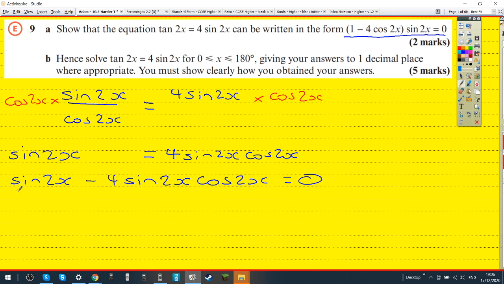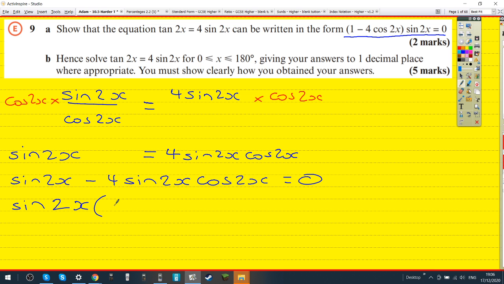What do these two have? Sine and sine. Yep. It has to be sine of something. Sine 2x. Yes, there you go. They both have sine 2x.